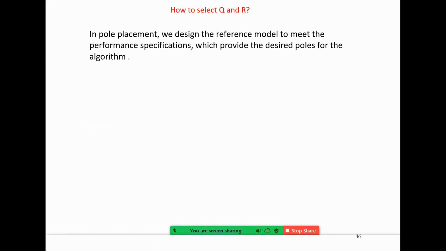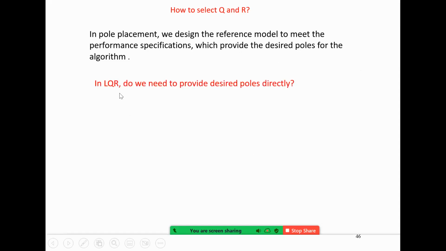In pole placement, we design the reference model to meet the performance specification. From the performance specification, we can directly provide the desired poles. We have the algorithm for that.